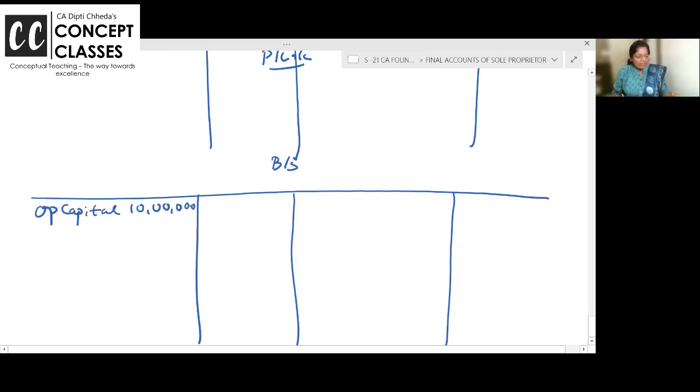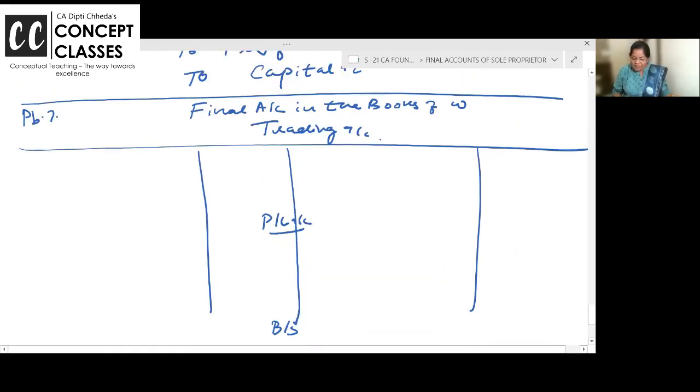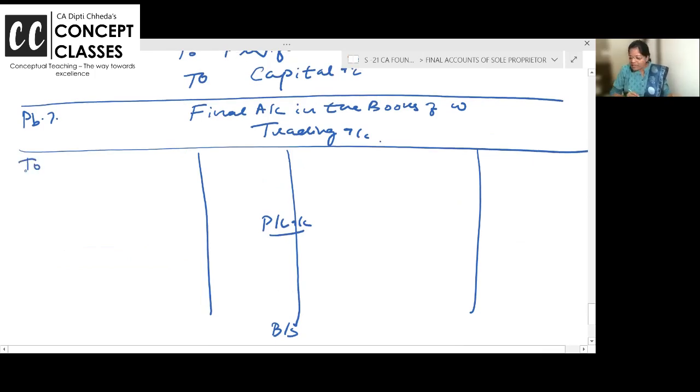Now we have inventory. In the trial balance, if inventory is given, it's opening stock. Who said so? Because closing inventory is given below. So opening stock, opening inventory, 2 lakh.